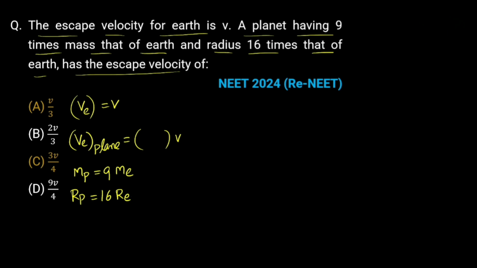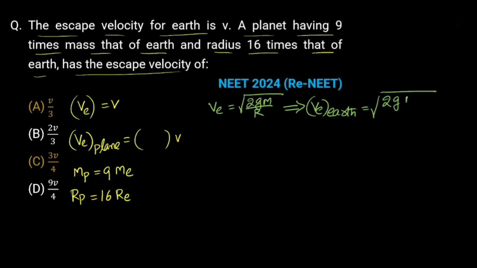As you know, the general formula for the escape velocity equals root over 2GM by R. From this, I can write that the escape velocity of the object on Earth is root over 2G mass of the Earth divided by radius of the Earth.